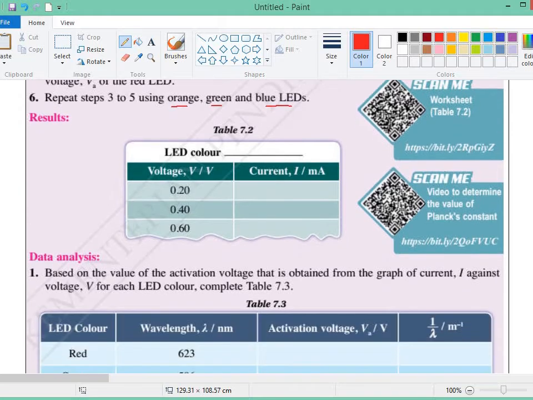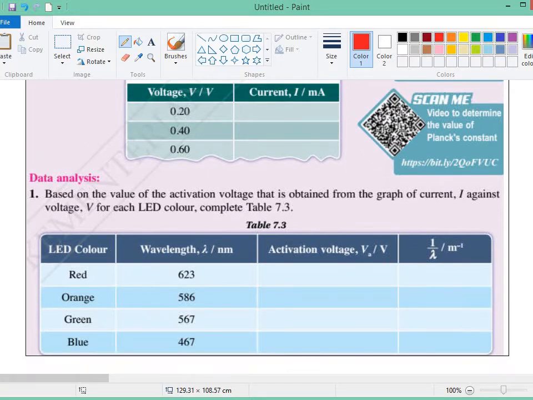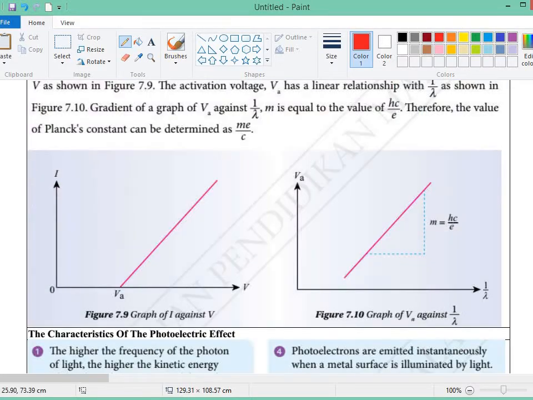Okay, so what is it that we can find out from the graph? After we do the experiment, let's say with the red LED, what we find out is that when the voltage is low, the red LED will not be able to light up.